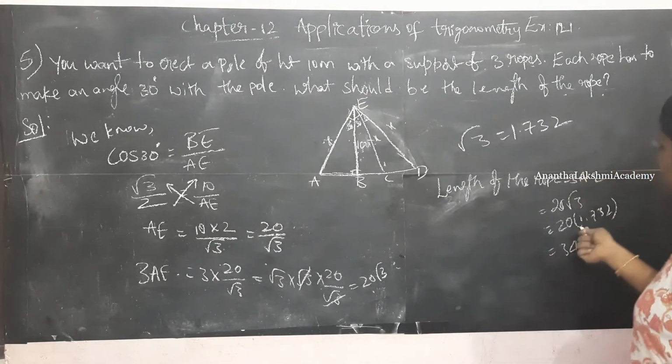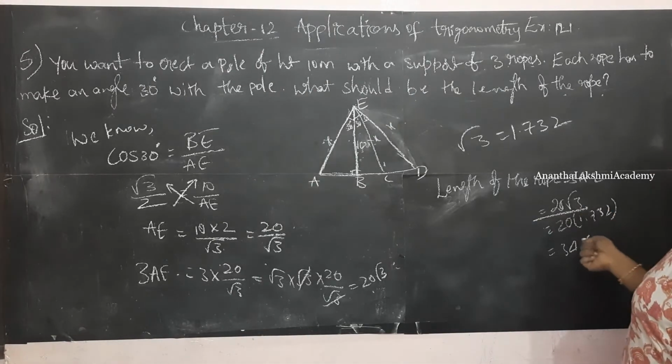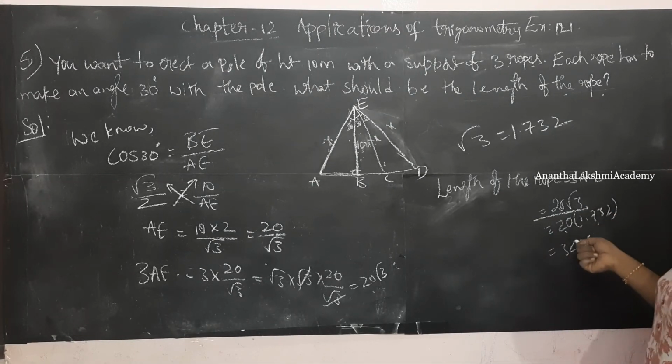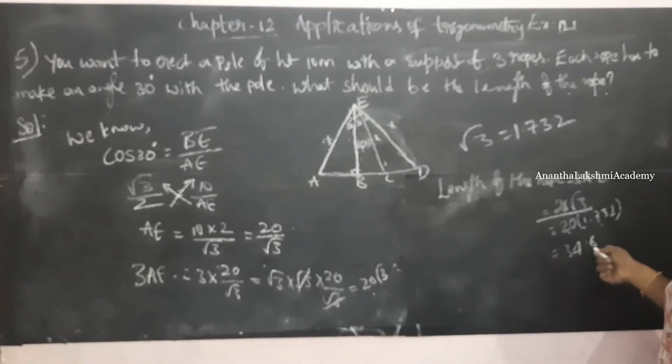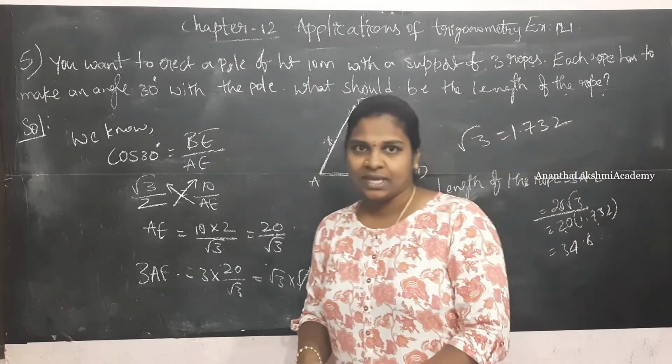Okay, when you do this multiplication part, if you are solving till this also fine. If you still want to do this, just do this multiplication part. This is going to be a value of 34.6 something. Okay, that is about problem number 5.